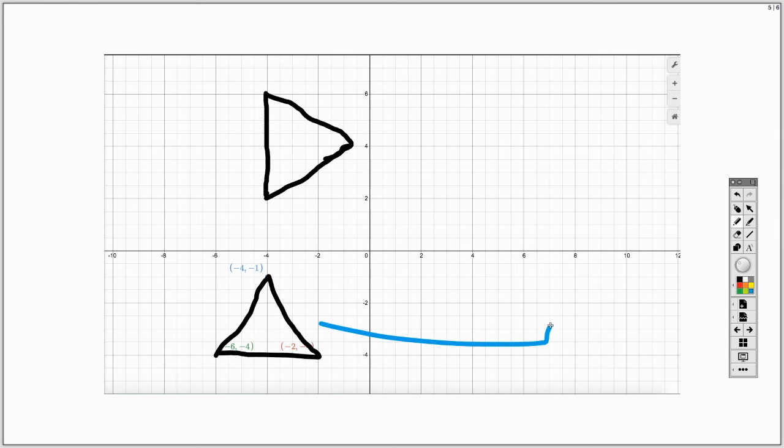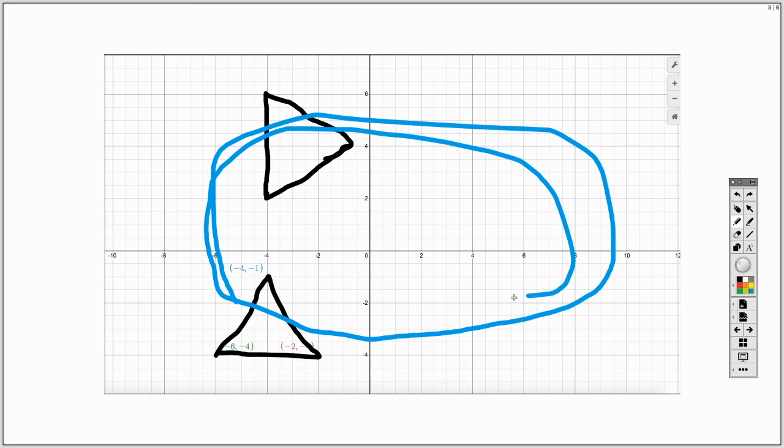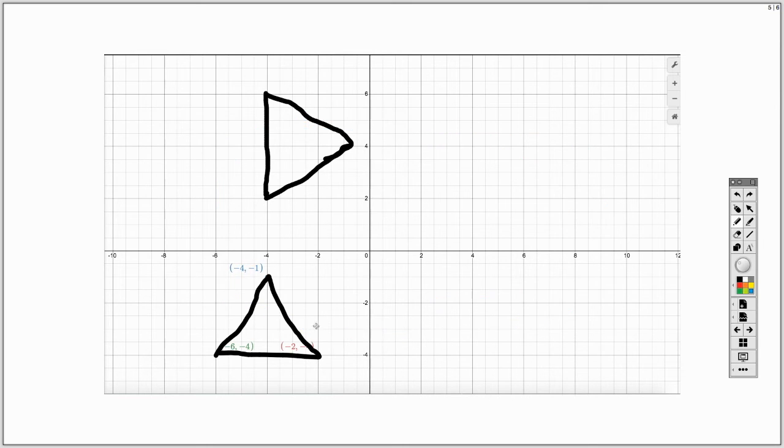Clockwise would go like this, the way time goes around. Whereas in counterclockwise, instead of going in this direction, it would go this way.